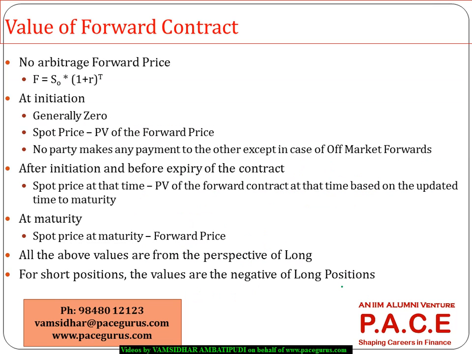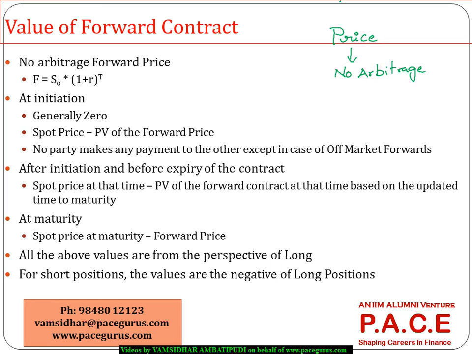So whenever we talk about any of these contracts, we are focusing on 2 dimensions. One is the price of the forward contract, which is otherwise called the no arbitrage price.